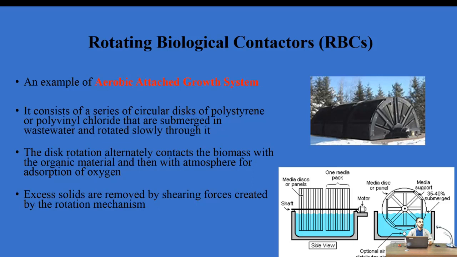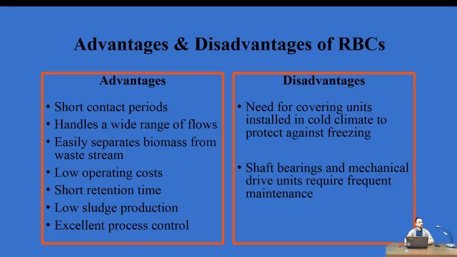The rotating disc alternately contacts the biomass with the organic material and then with the atmosphere for absorption of oxygen. Excess solids are removed by shearing forces created by the rotating mechanism.